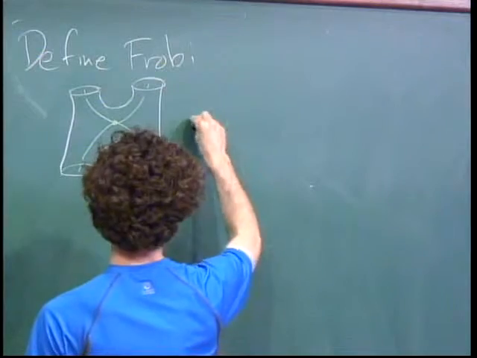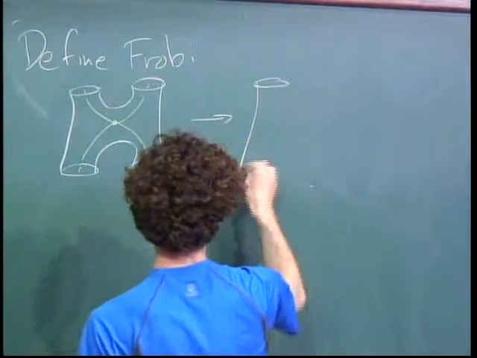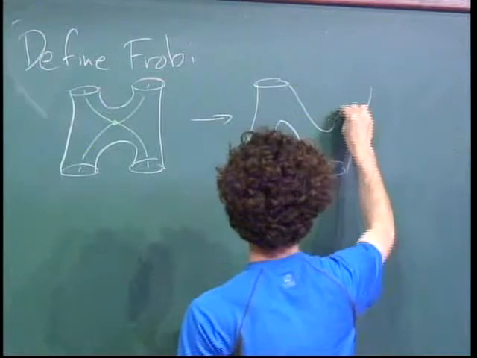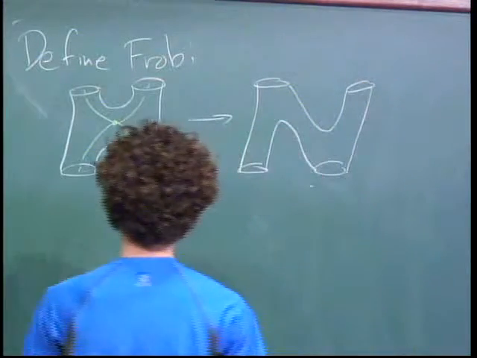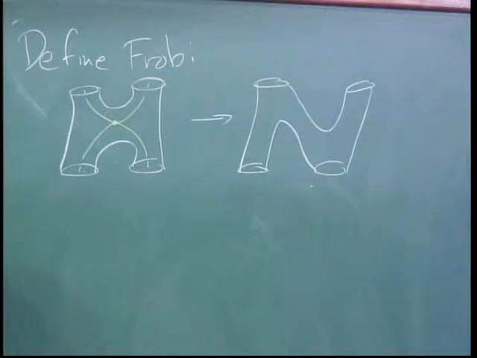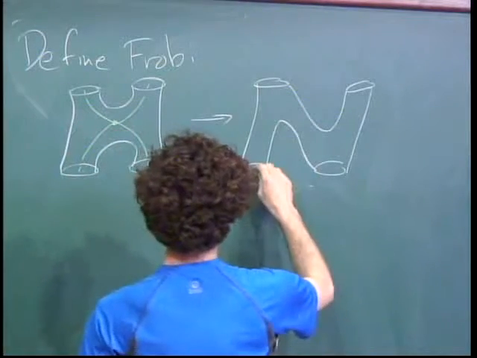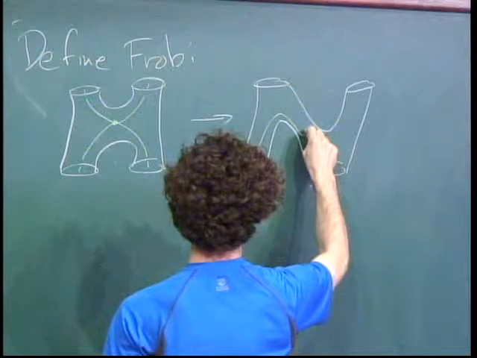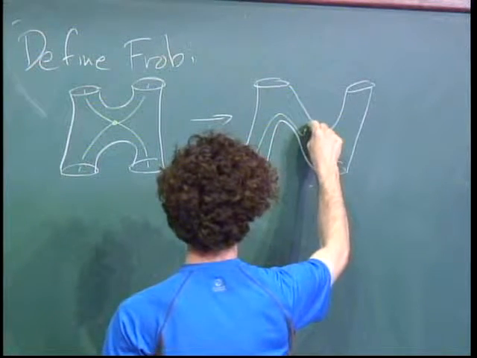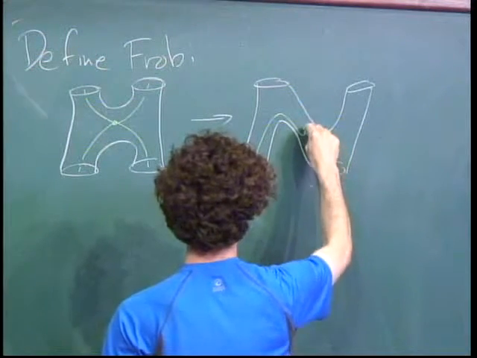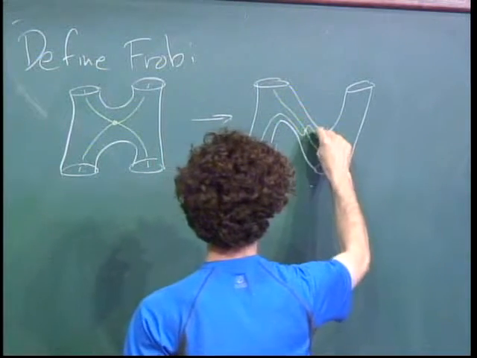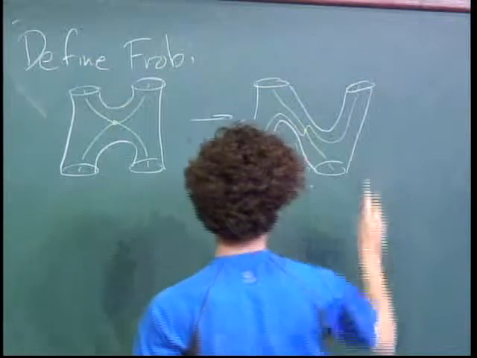And so I need to tell you where this goes under this diffeomorphism. I already mentioned a special case of this yesterday, but it's useful to redraw. I put my 4-valent vertex in the middle here, and then I twist everything else around.